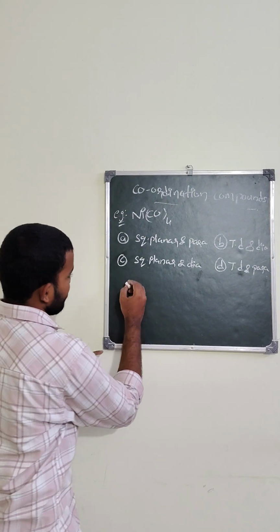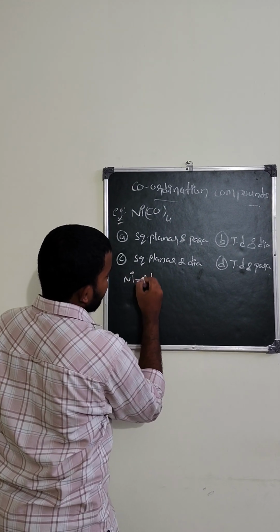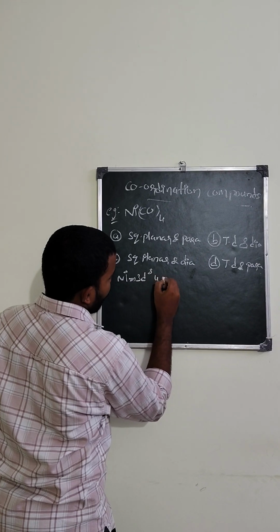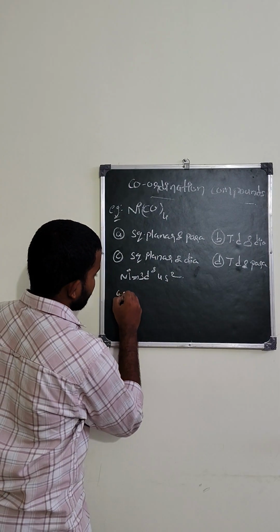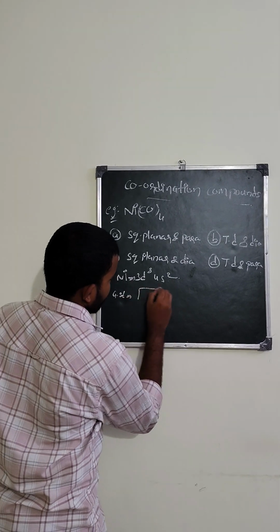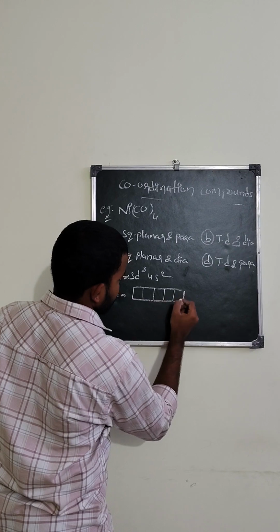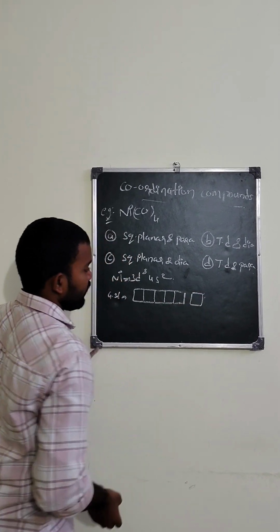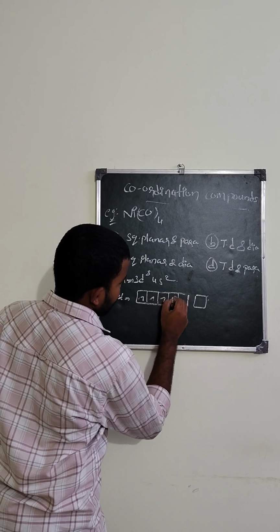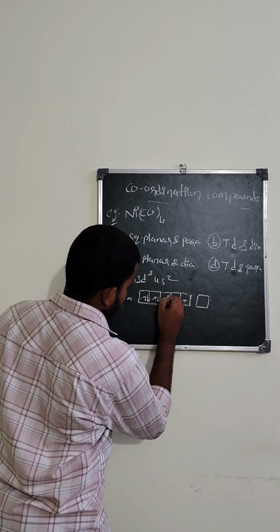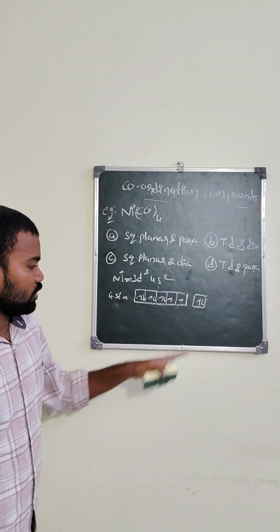So first, nickel has a 3d8 4s2 configuration. Okay, so if I write the ground state orbital configuration, it has 8 electrons in 3d and 4s2, that is 3d8 4s2.